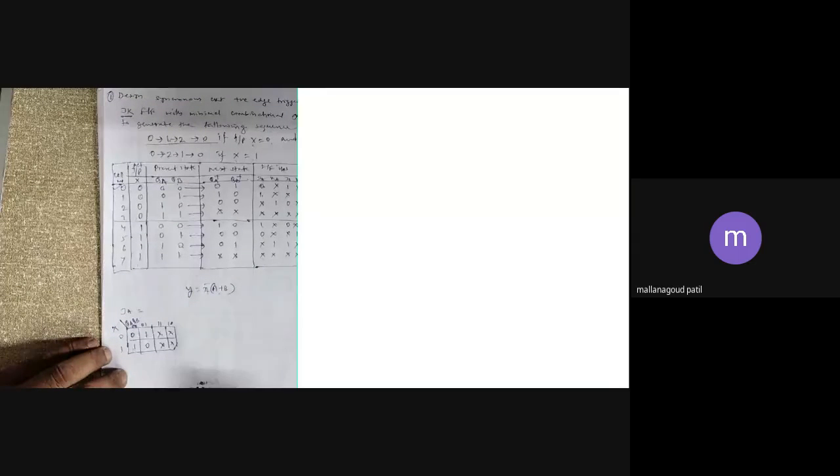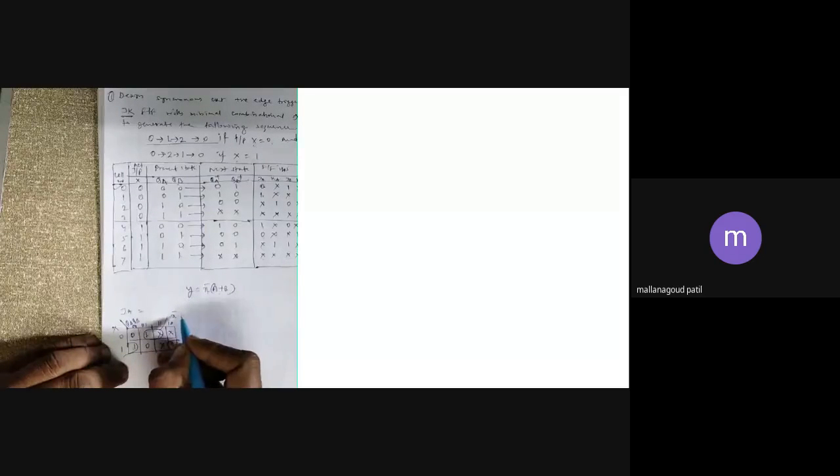That is continuation. Then how can you make the groups? This is 1 and this is 1. What is this? X bar QB. X bar QB. Good. What about this? X QB bar.